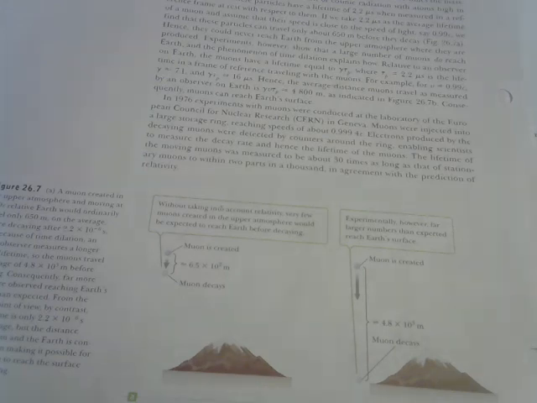So this is one of the commonly cited pieces of evidence that time dilation actually happens, is that there are so many more muons detected by gamma ray telescopes than would have been predicted by Newtonian physics.